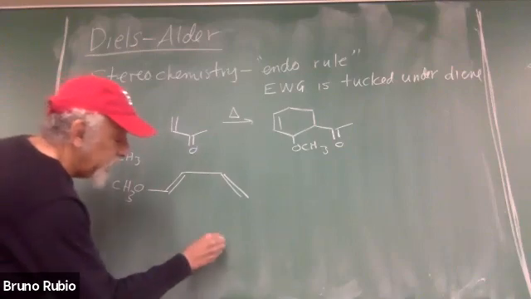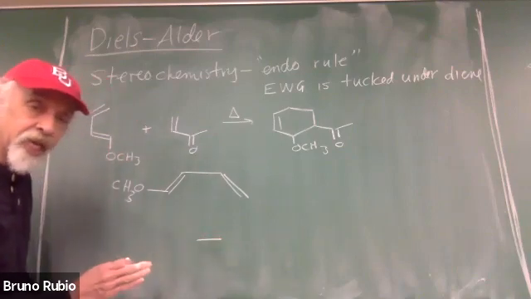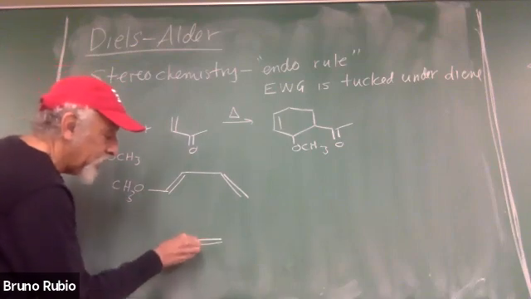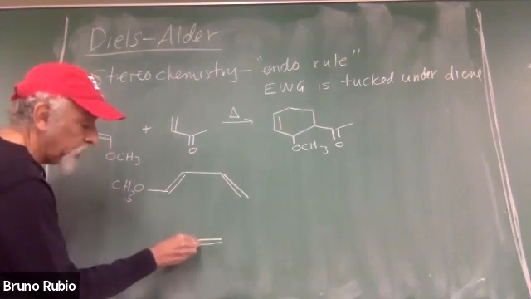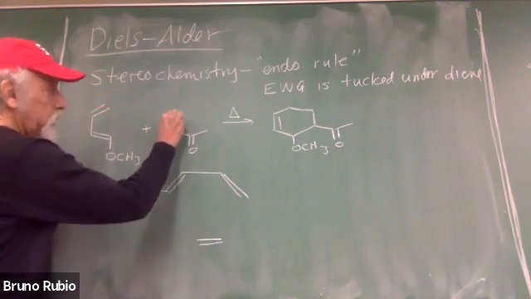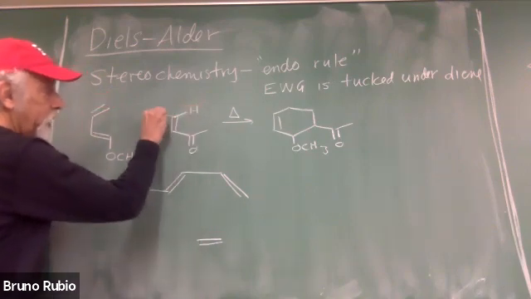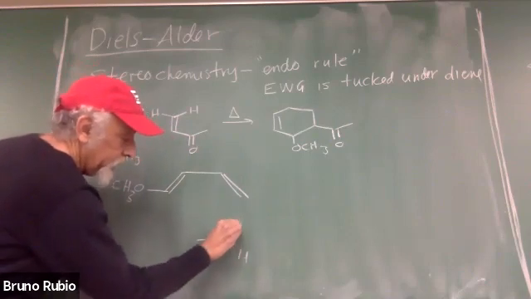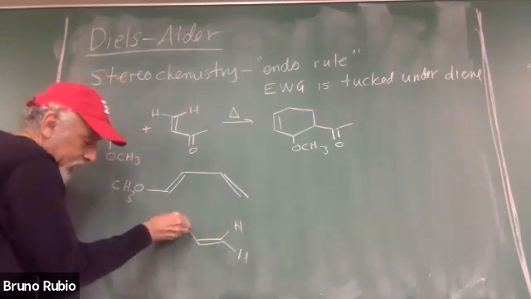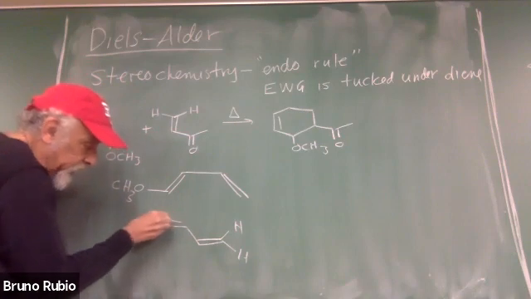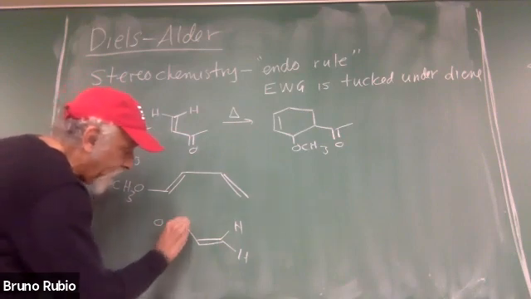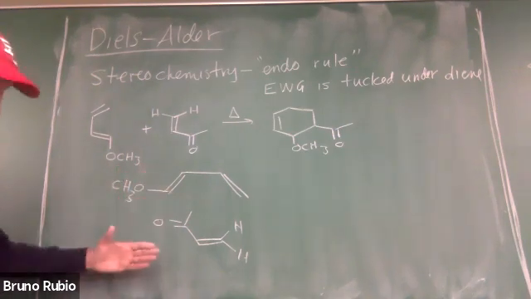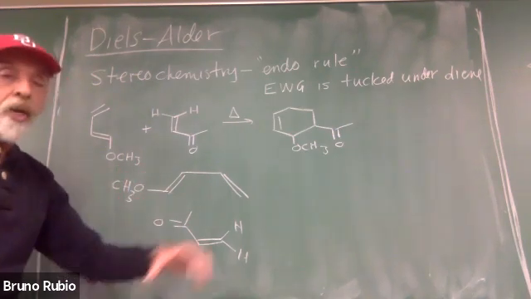So that would mean, and I'm going to tuck it under in a way that I'm going to get that 1-2 regiochemistry, right? So there's a hydrogen there, there's a hydrogen there, there's a hydrogen there, there's a hydrogen there, and I'm tucking the dienophile under. So let me illustrate here, right?